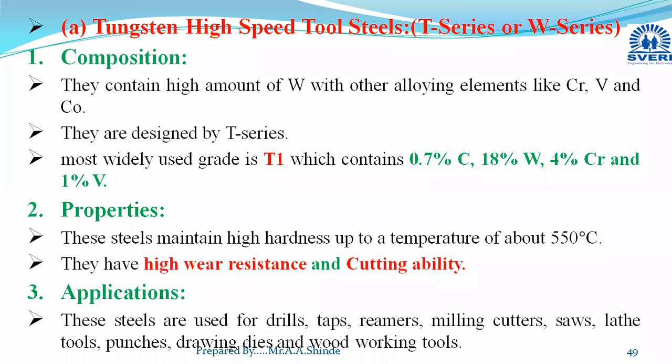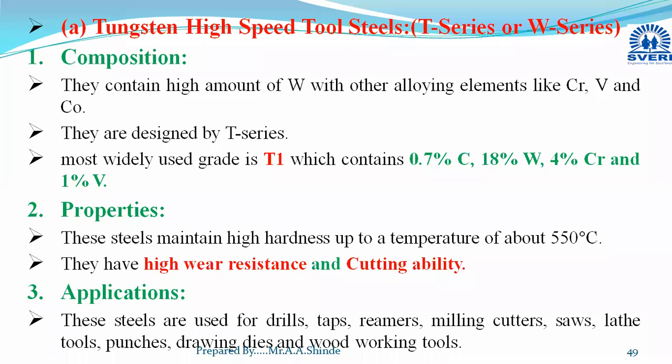As far as applications are concerned, tungsten type high speed tool steels are used for manufacturing different types of drills, taps, reamers, milling cutters, saws, different lathe tools, different kinds of punches, different drawing dies, and woodworking tools.